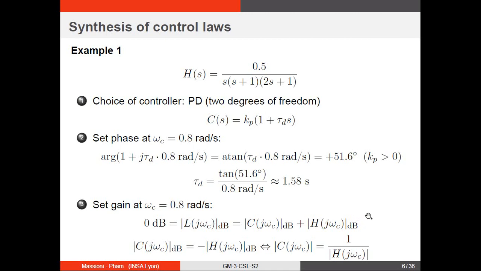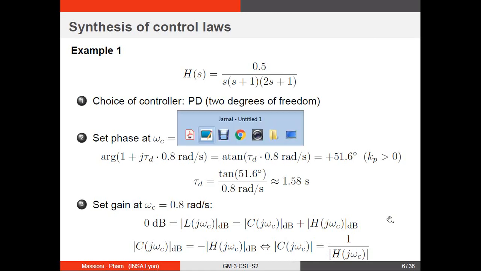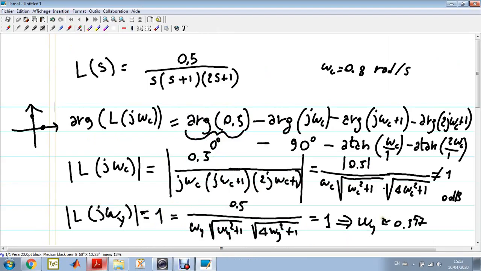If you pass from decibel to units, this means that the product of the two must be 1, so the modulus of C at j omega c must be 1 divided by the modulus of H at j omega c, which we have computed just beforehand, right? It was this guy over here.